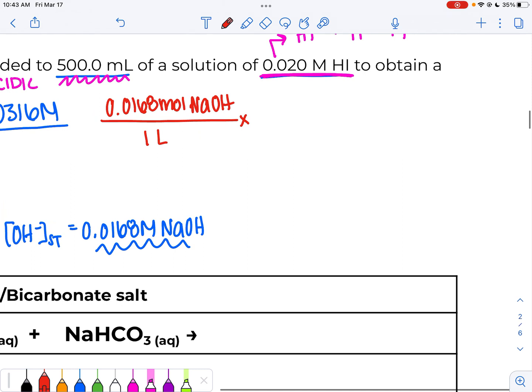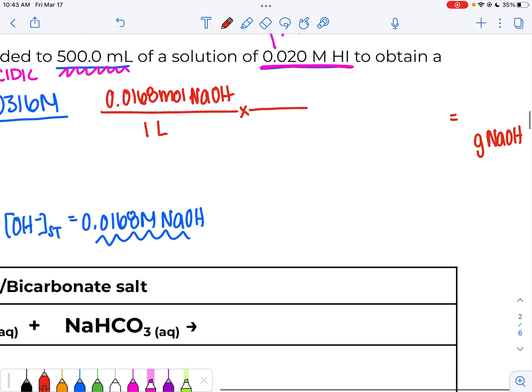So at the end of this, I need to end up with grams of NaOH. So how can I get there? First things first, I can get from moles to grams by using molar mass. So the molar mass of sodium hydroxide is approximately 40 grams per 1 mole.